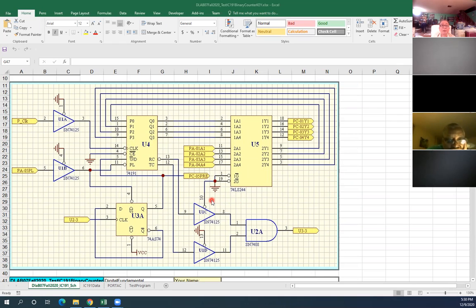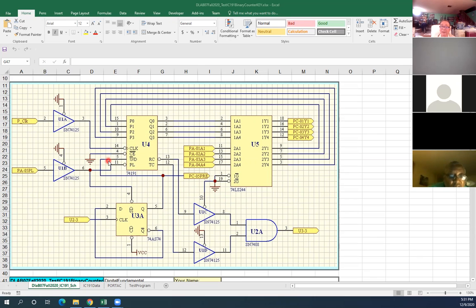Okay? And it also has counting up or counting down. You can see it on pin number 5. How do we count up on this input here? If you want to count up, what is supposed to be at pin number 5? Low. Low, correct. 0 for count up and 1 for counting down.